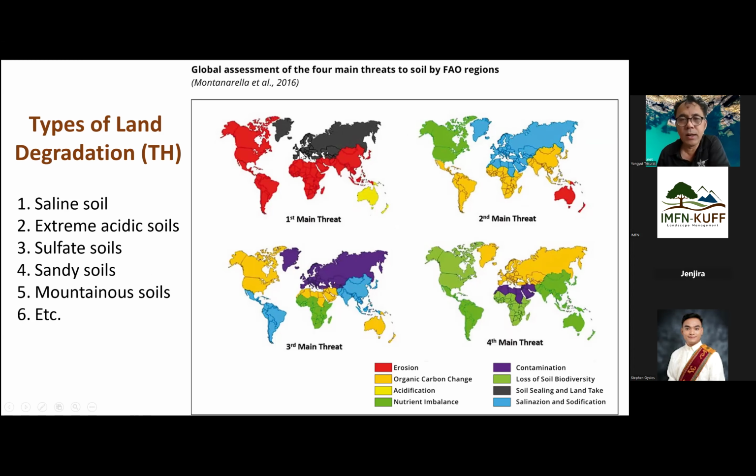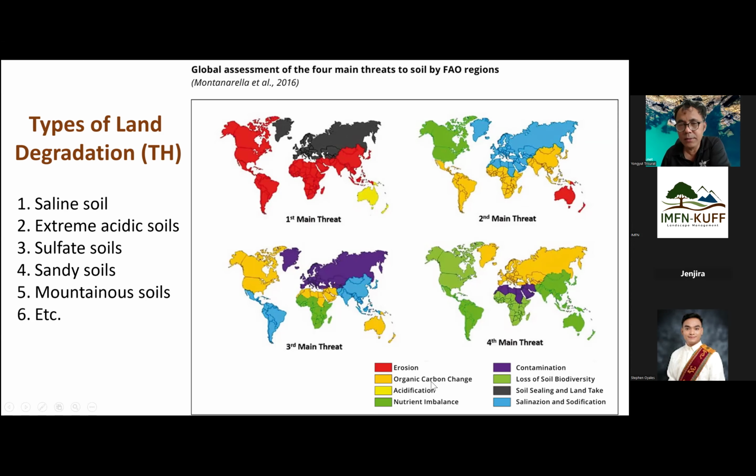The picture on the right-hand side shows the main threats or drivers. The red one is topsoil erosion. Most of ASEAN, Africa, North America, and Latin America have the problem. The dark gray or black is contamination by chemicals, the second main threat.